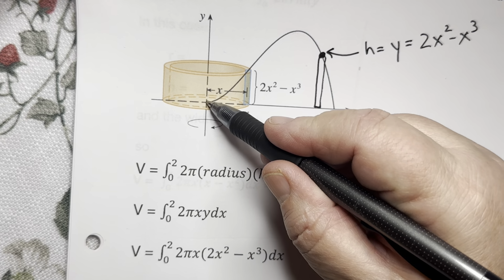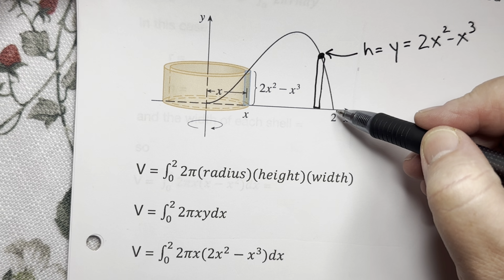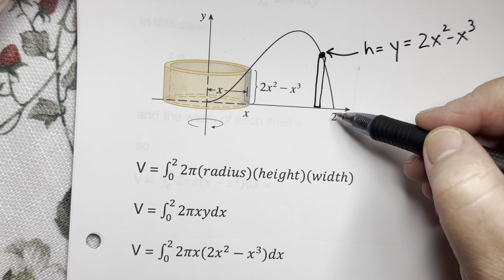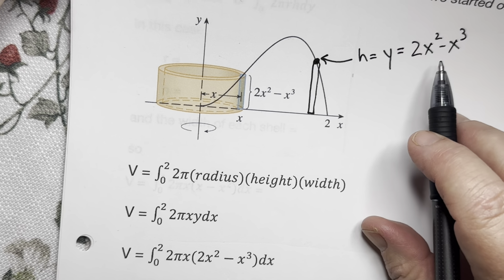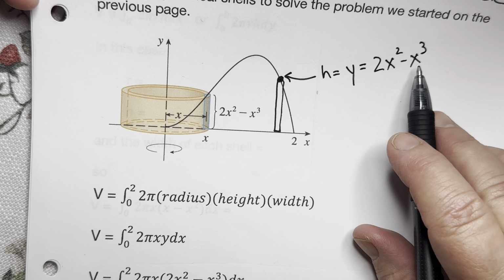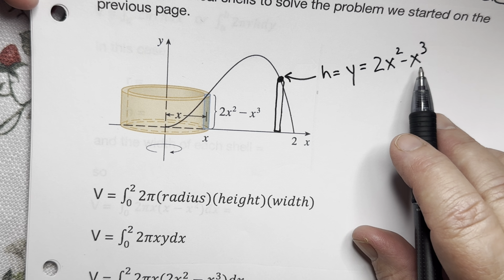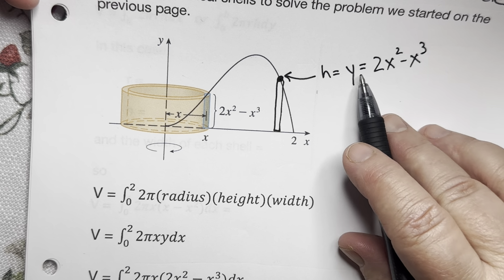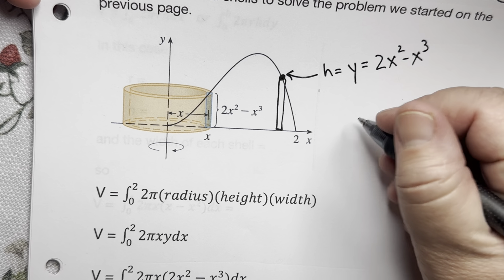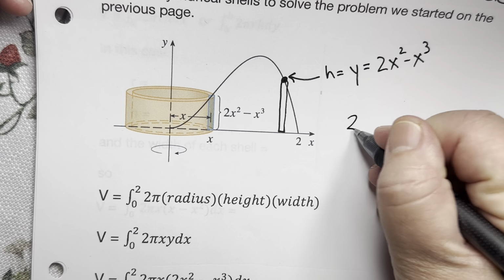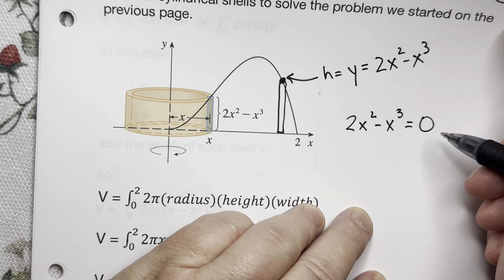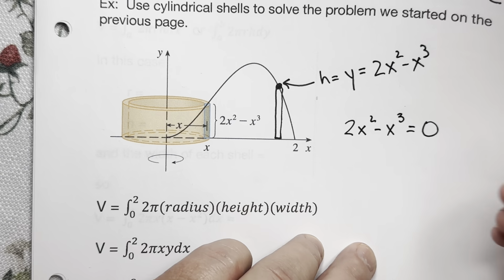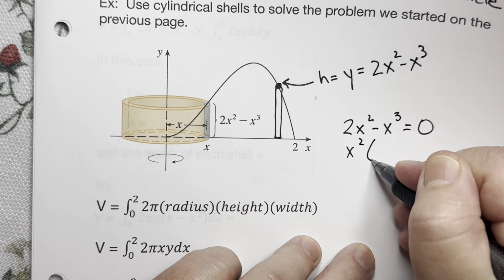Okay, so we're going to go from 0, and then how do we know this is 2? The answer is we were actually told this in the beginning, but you can also graph it. We could argue whether it's obvious or not. But if you try to solve this, if you said, when is 2x squared minus x cubed equal to 0, right? Then what would you get? You would factor out x squared, and you get 2x.